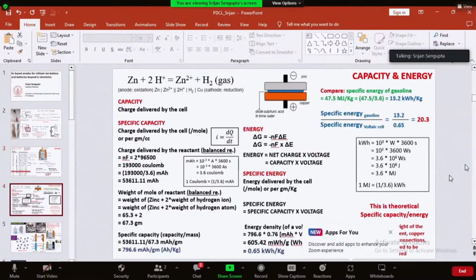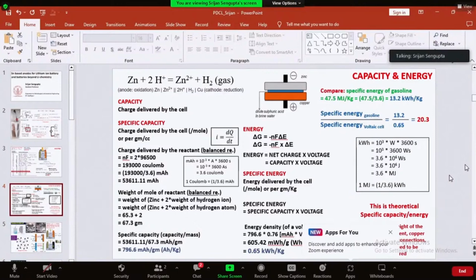The capacity is nothing but the charge that you can store in a battery. That charge is generally given in milliampere hour per gram. So we talk in terms of specific capacity, not the ideal capacity. Specific means how much it can store per mass, or per cc. In this reaction, zinc oxidation and proton reduction, the charge involved is 2 moles of electrons, which is 2 faradays.